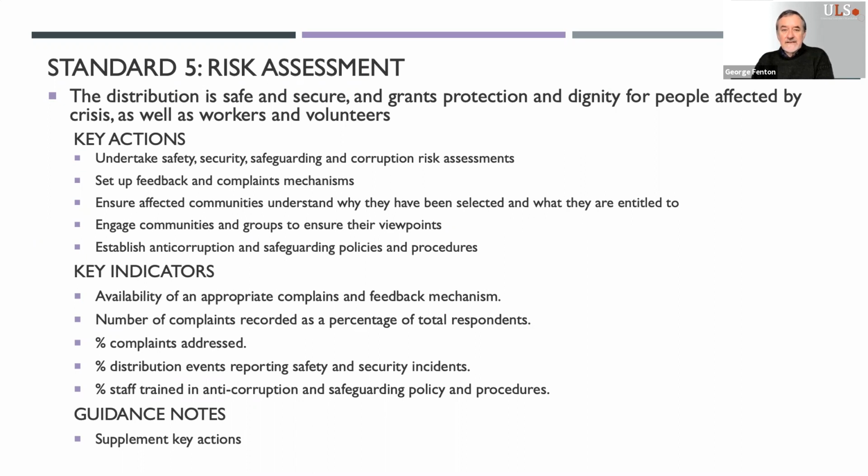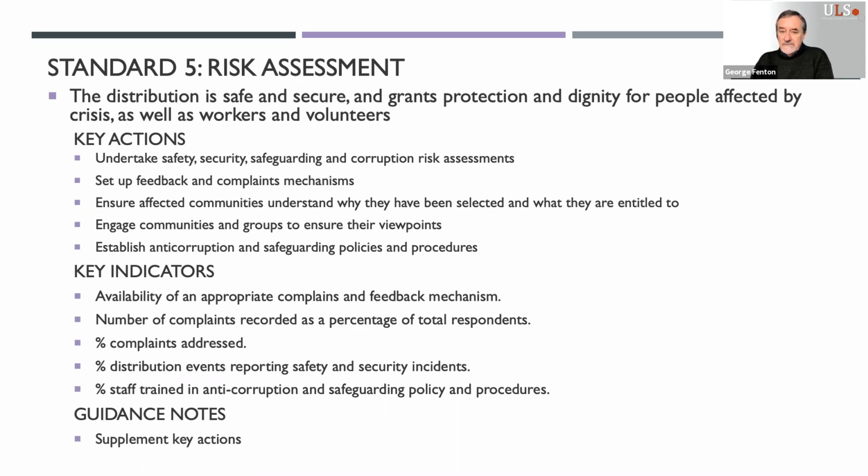It's good to ensure that affected communities understand why they have been selected, what they're entitled to, and that there are clear communications with communities in order to ensure that there is no confusion, reduce any anxiety, and ensure that relevant communities and groups ensure their viewpoints are understood, whether they're positive or negative, and that they're well considered.